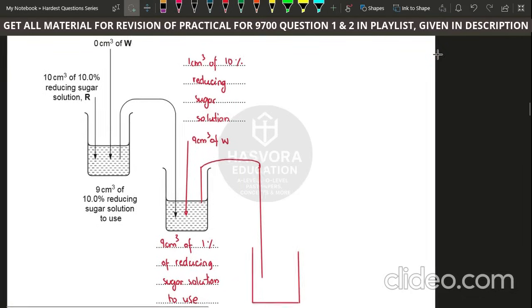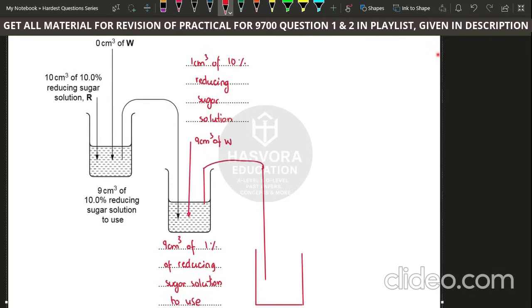1 cm cube of how much? 1% now. Okay, 1% reducing sugar solution. Okay, now you have added 1 cm cube of 1% reducing sugar solution.